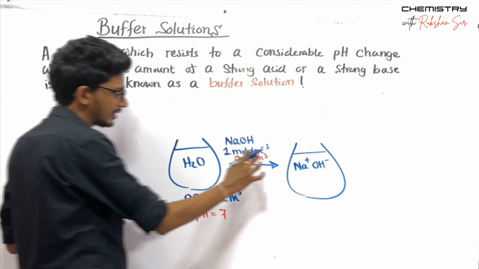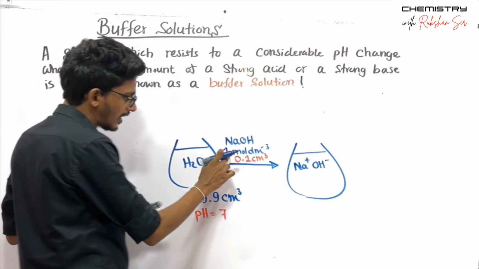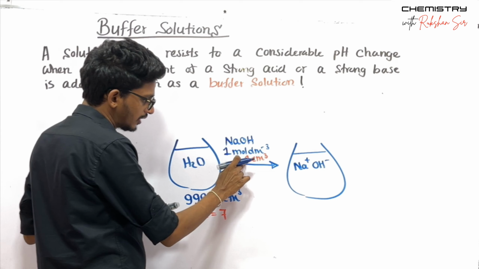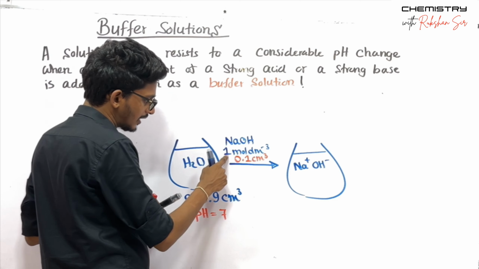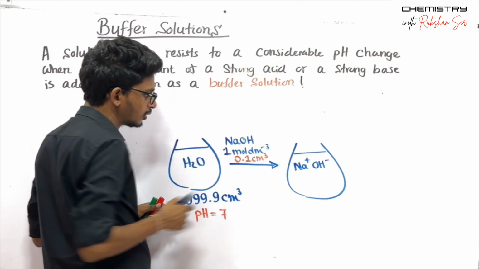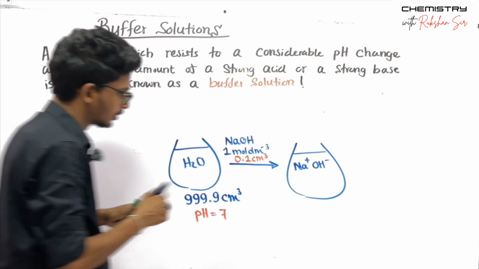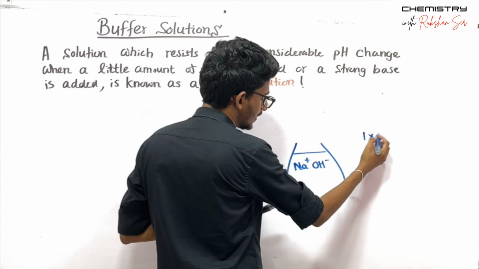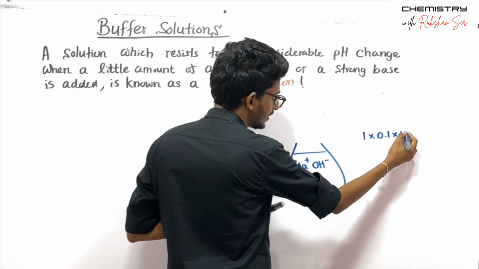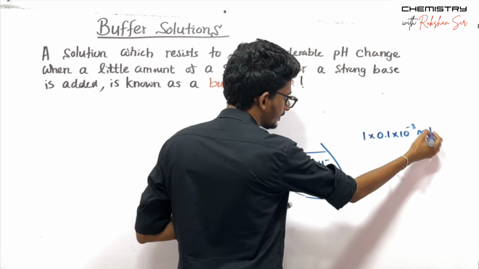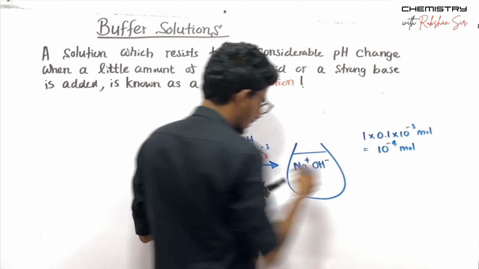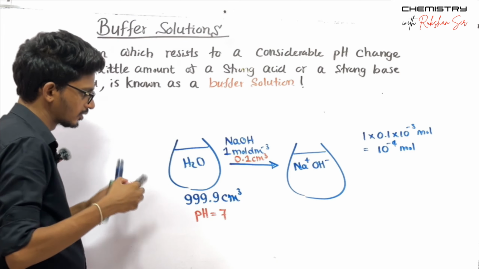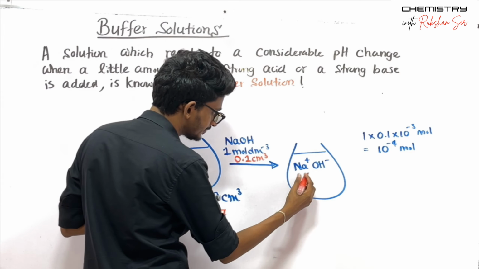The number of moles of NaOH here is CV, 1 into 0.1 into 10 to the power minus 3. That is 10 to the power minus 4 moles of NaOH.